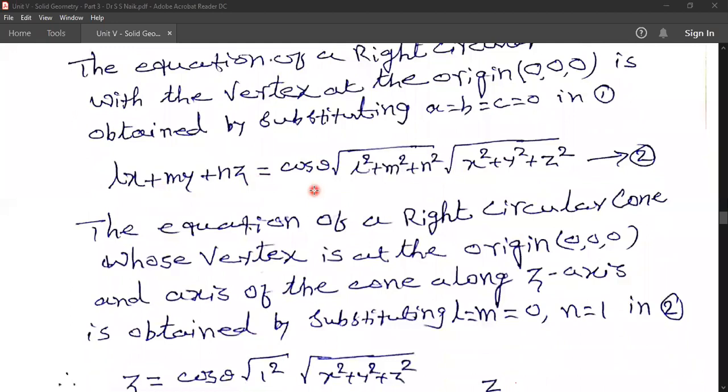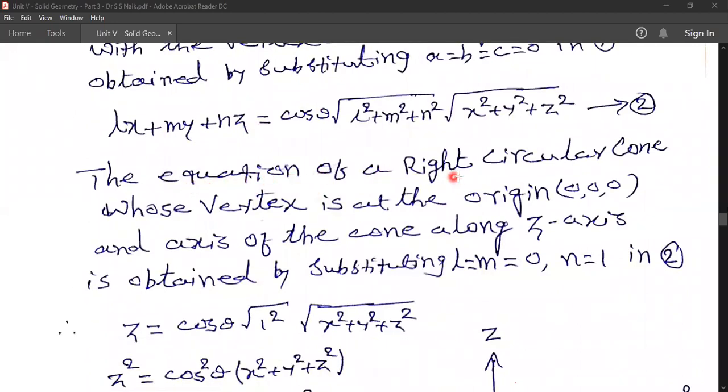Then we want to find the equation of a right circular cone whose vertex is at the origin 0, 0, 0 and axis of the cone along z axis. So say for example, I want to find the equation of a right circular cone along z axis, not along any axis. This equation number 2 represents an equation on any axis.